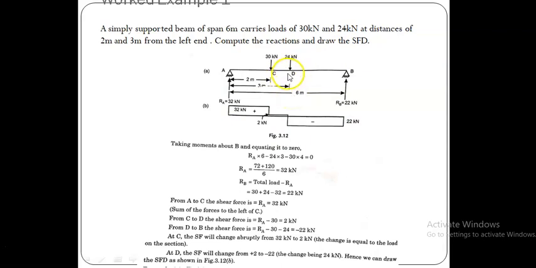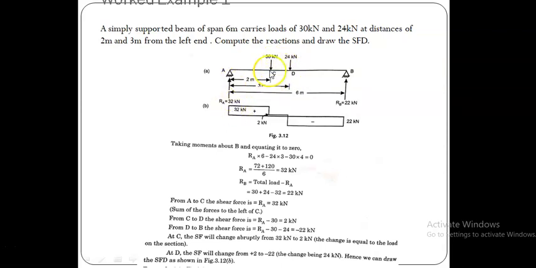Otherwise you must check this side. At D, just make the algebraic sum with respect to the left side. There is upward plus 32, then left to down, the force at C, with respect to the support D. At C there is a downward force, it is left to D. So this is 30.